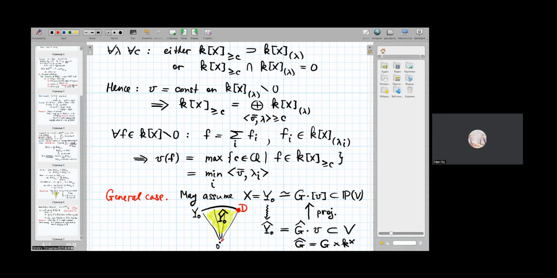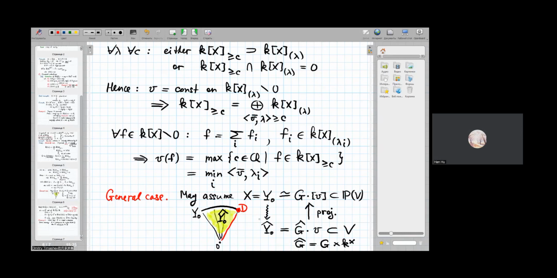So if V corresponded to a divisor D, of course, this is not our case, because in our case, Y naught is a single orbit and it has no G-stable divisors. But this construction doesn't use G invariants.